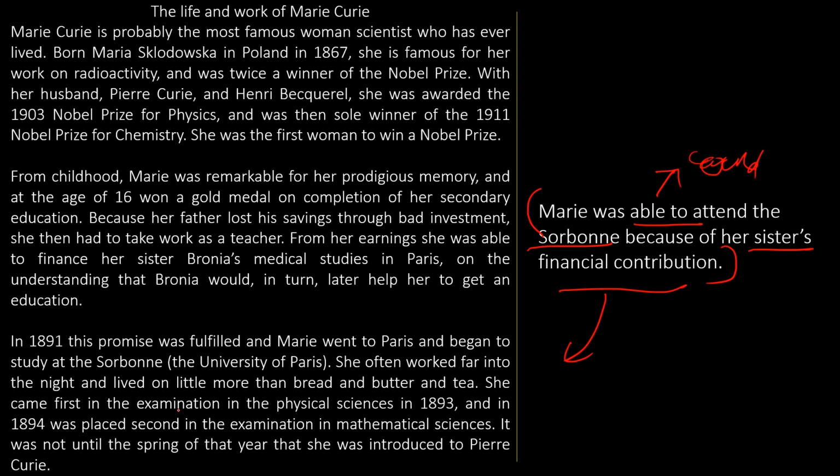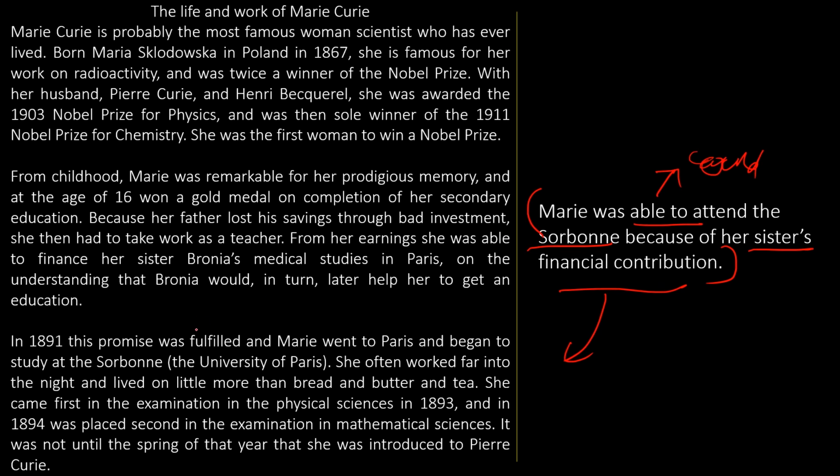She came first in the examination in physical science in 1893 and in 1894 was placed second in the examination. Now look, you see Sorbonne there, right? But still, you didn't find the information about her sister's financial thing, right? What to do now?